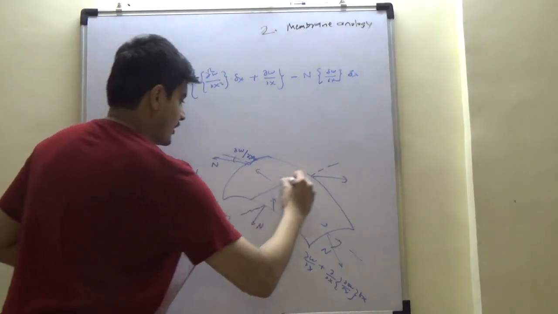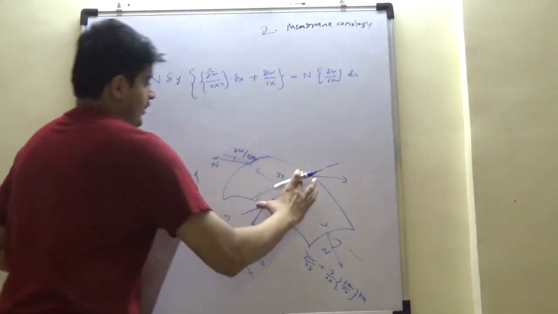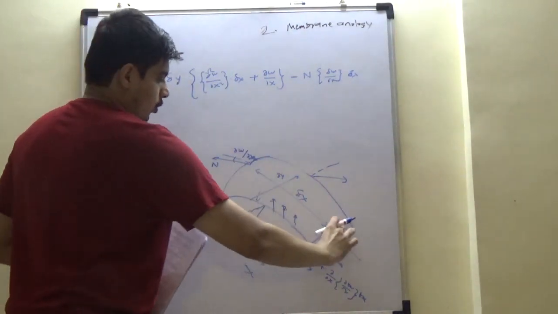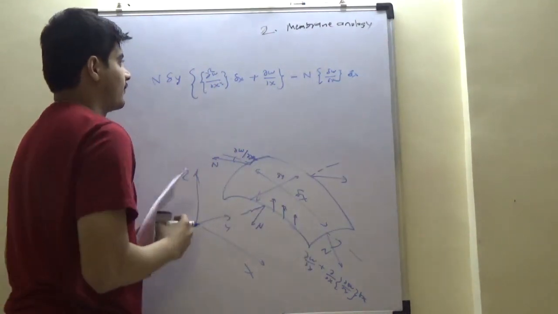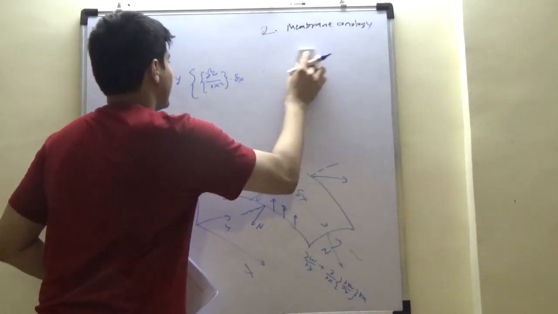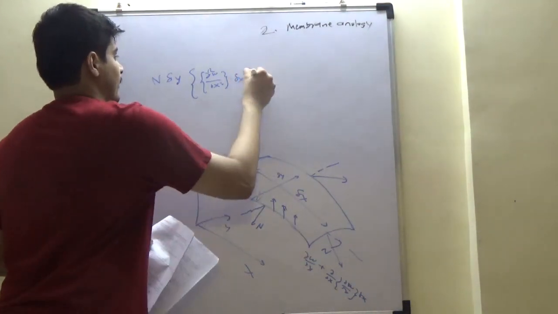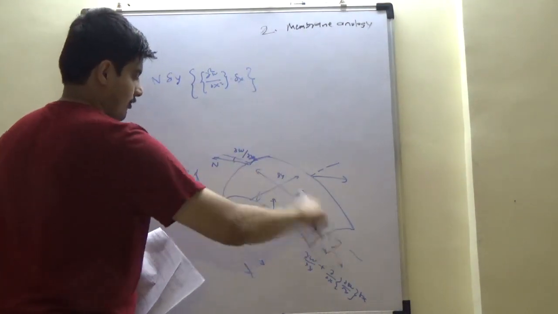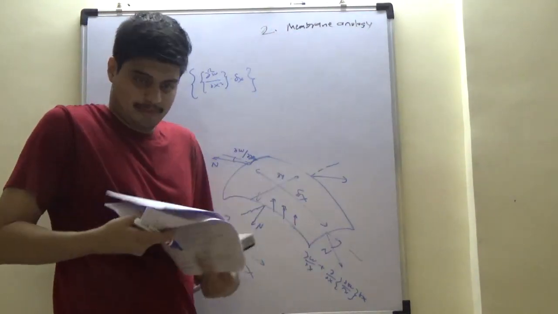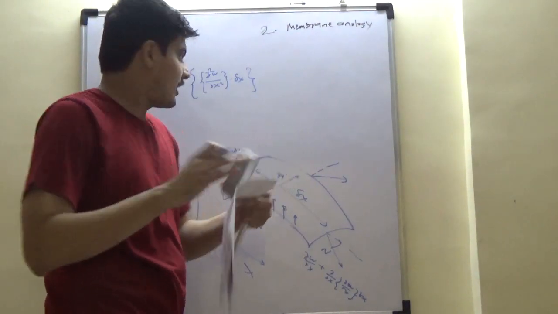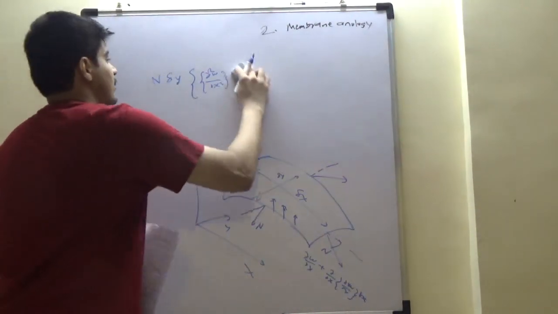If this is delta X and this is delta Y, and delta Y is the total load per sheet, this is the one variation over X, which means this factor can go out. This is the contribution of these loads acting along this surface. Delta X, delta Y is anyway unit length, so this can come out.